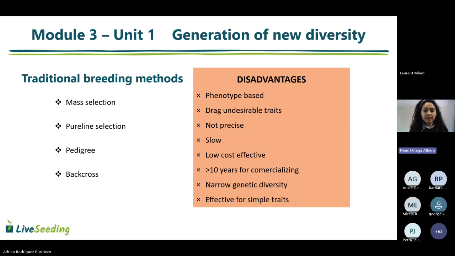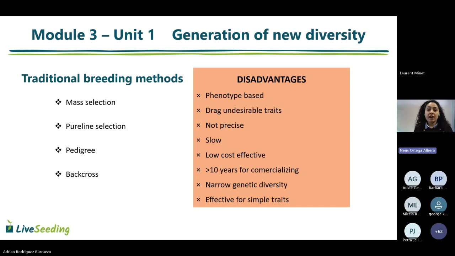These types of breeding methods have some limitations. For example, the main disadvantages of these approaches are that they are phenotype based, and that means that we can be dragging hidden undesirable traits from a parental variety to the descendants, some traits that are not of interest to us along with other traits that are interesting for us.